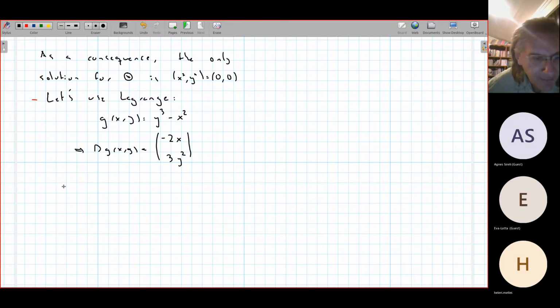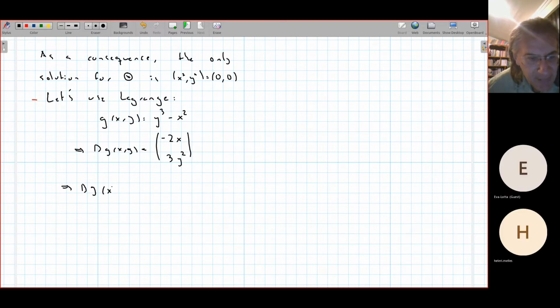And when you evaluate this derivative at this critical point that we know is the maximum for the problem, you see, this is the derivative of g at the origin, which is going to give you the 0 vector.